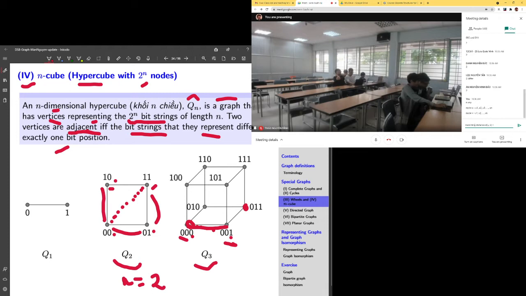Lê Hoàng said the first question incorrect. Trần Ngọc Quan, yes, 1 is correct. The value of d goes from 0 to n. Okay, so apply this one.